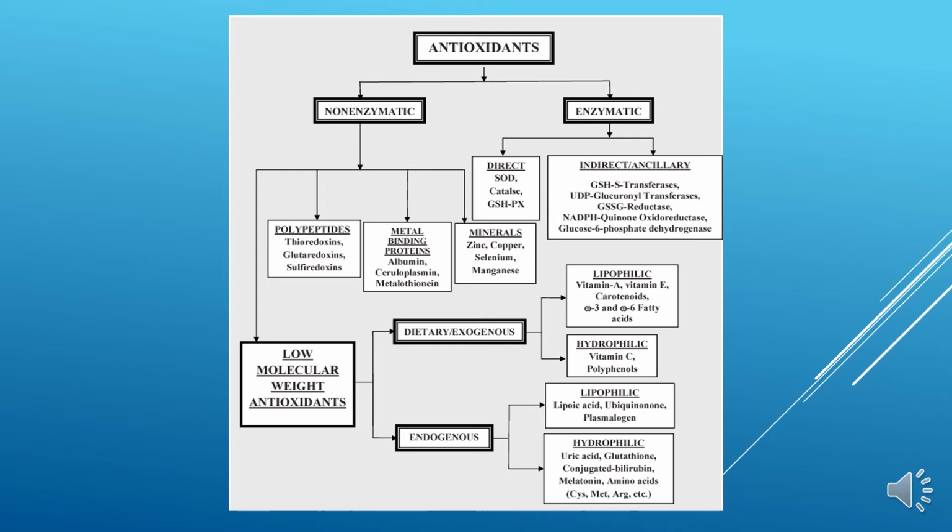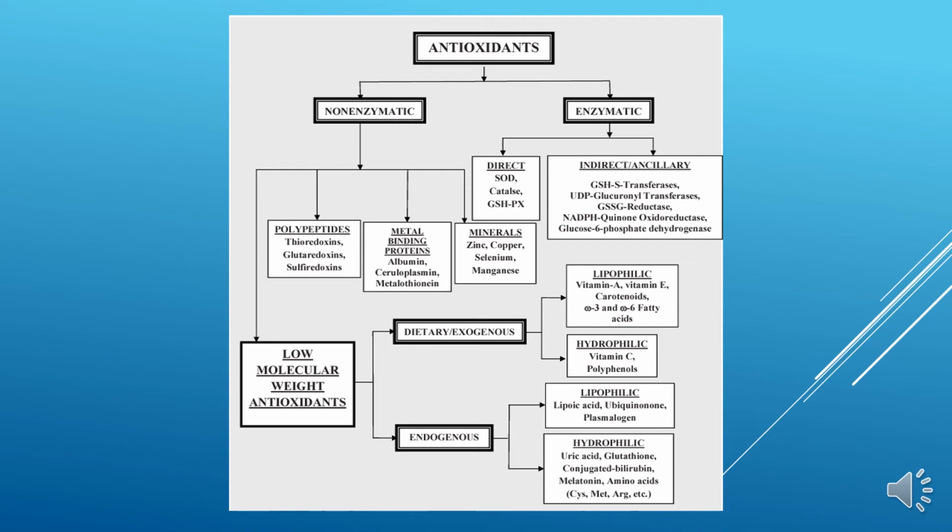Dietary, then lipophilic is lipoic acid and plasmalogen. Dietary exogenous are of two further types, lipophilic and hydrophilic. Lipophilic is vitamin A, vitamin E, the thing we have already studied, like fat soluble and water soluble. Water solubles are vitamin C and polyphenol, and lipophilic is vitamin A and vitamin E, that means these are fat solubles.